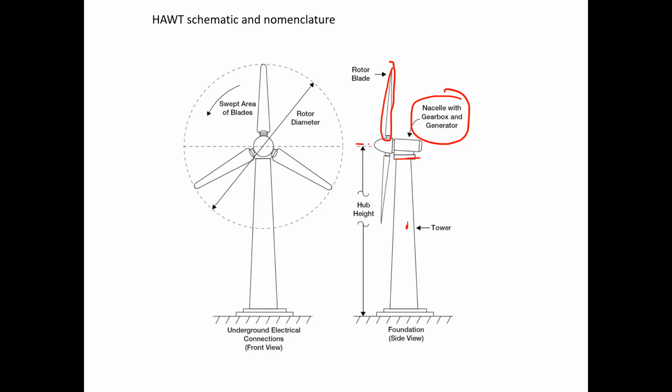The height between the axis of rotation and the ground is called the hub height. As the turbine spins, the blades spin, it encompasses a certain area, right? And that area is called the sweep area. The sweep area is simply calculated based on the rotor diameter.